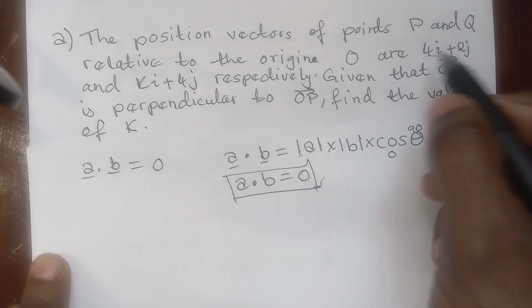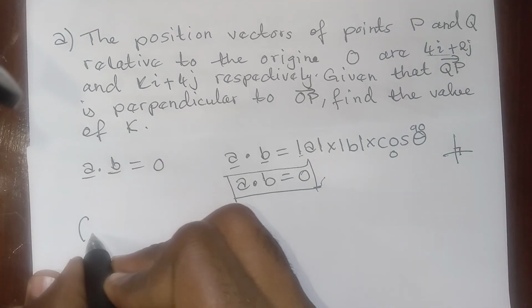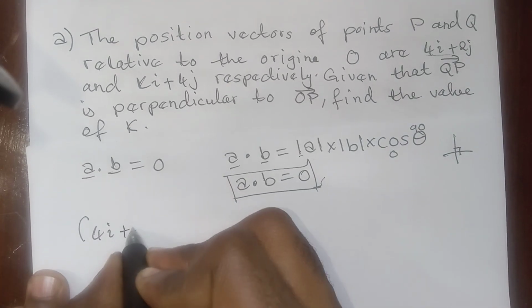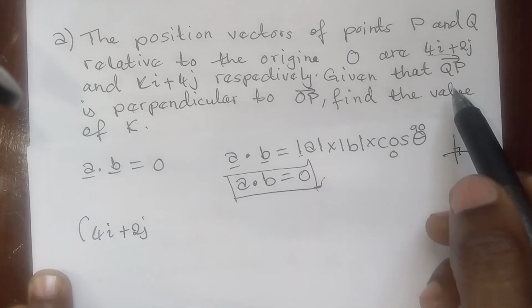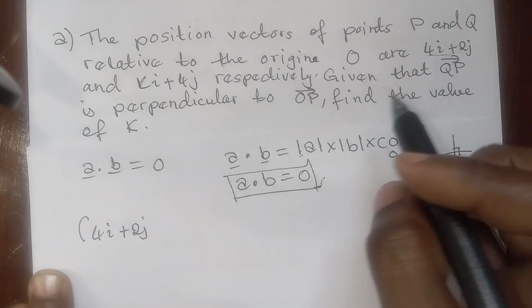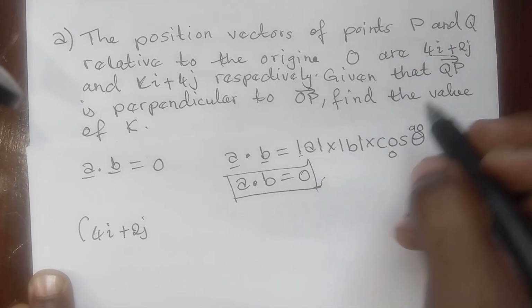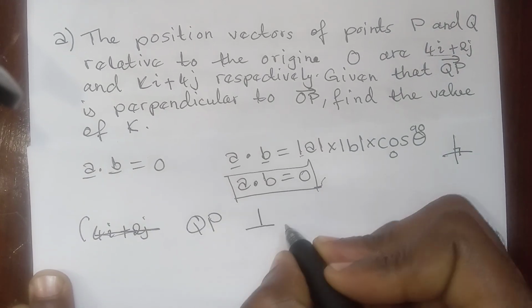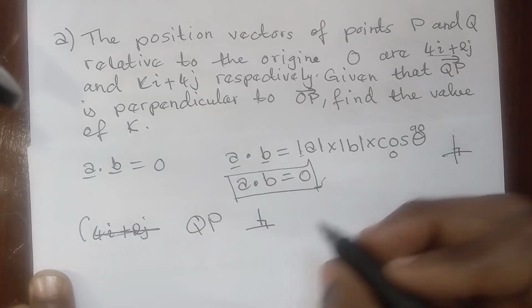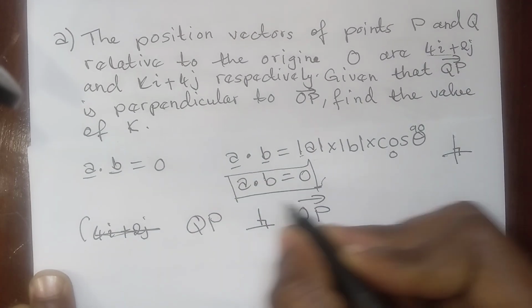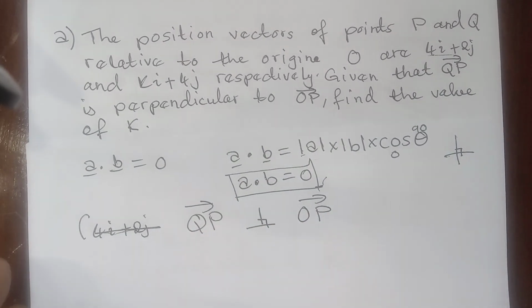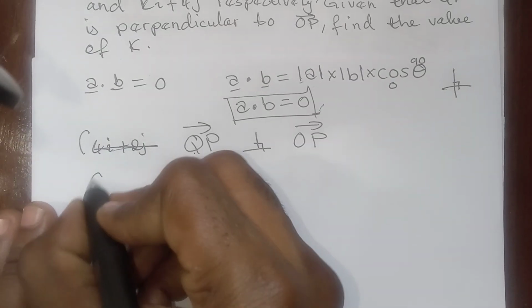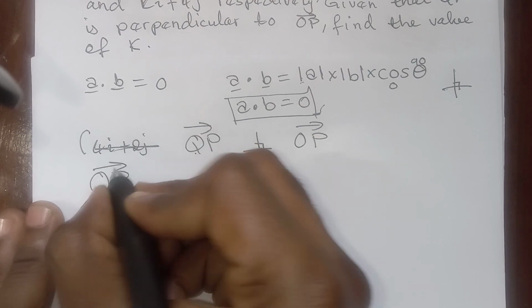So we have the first vector here, which is 4i + 2j. Actually, we are told that the vectors which are perpendicular to each other are QP and OP. So now we can start by finding our QP.